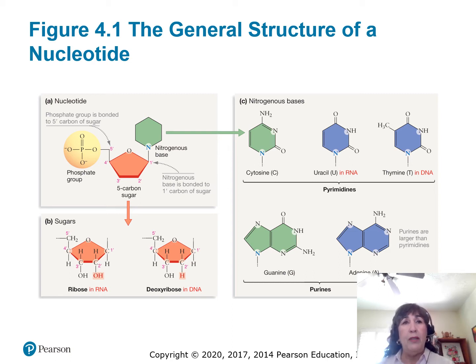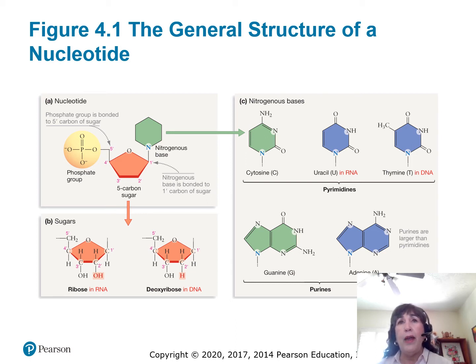So ribose is found in RNA, and notice that at the 2' carbon, the second carbon, there is a hydroxyl group, OH. But if you compare it to deoxyribose, notice that there is just a hydrogen that is highlighted, bonded to the second carbon in the ring.